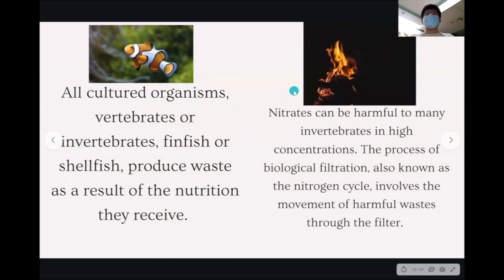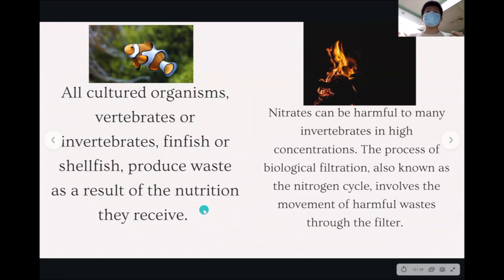So that's the part of the nitrogen cycle where we convert ammonia to nitrite and nitrite to nitrate as well. Then after nitrate, it goes back to the top. For this, all cultured organisms, vertebrates or invertebrates, green fish or fish, produce waste as a result of the nutrition they receive.